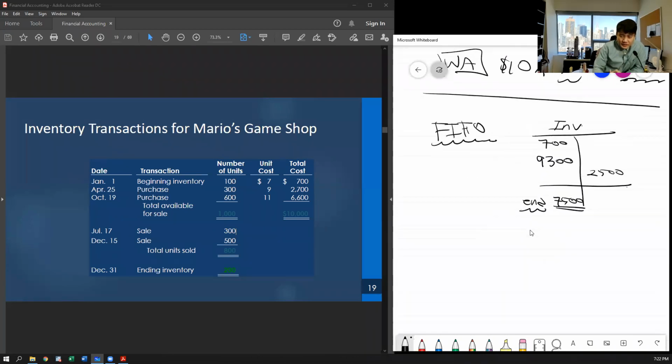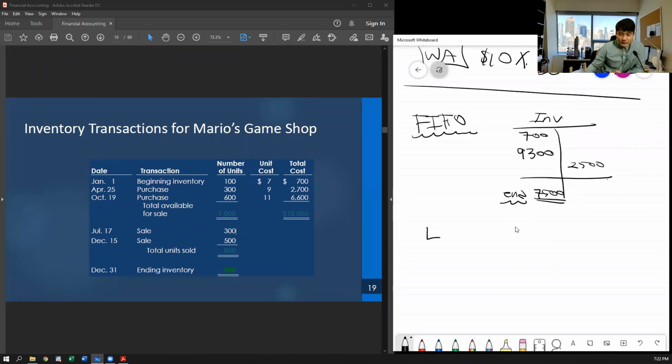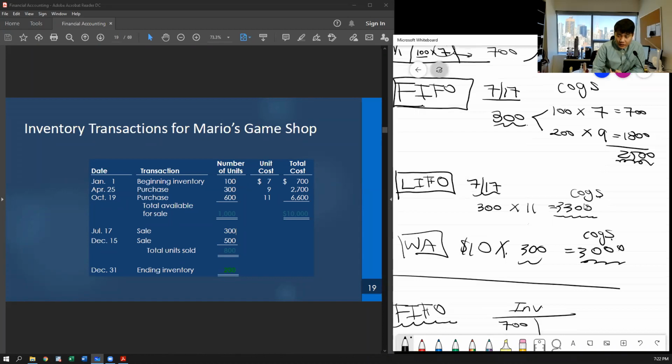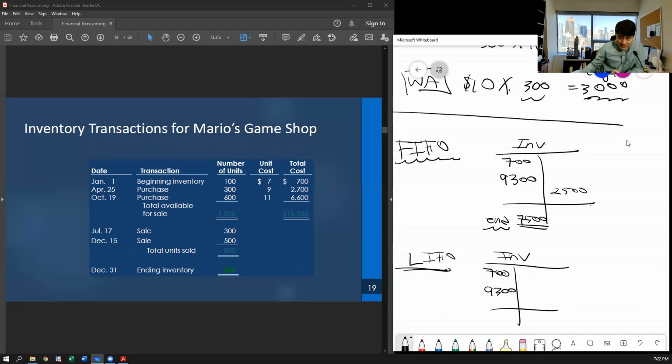Now let's use LIFO example. LIFO, you have another T account for inventory starting with 700. The purchase was 9,300. And according to this, we calculated the cost of goods sold for LIFO as 3,300. So instead of reporting 2,500, you're going to be reporting 3,300.